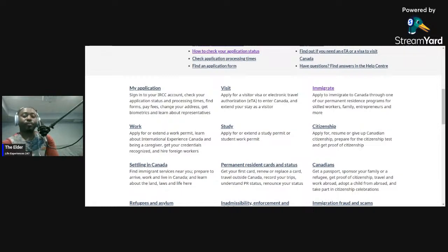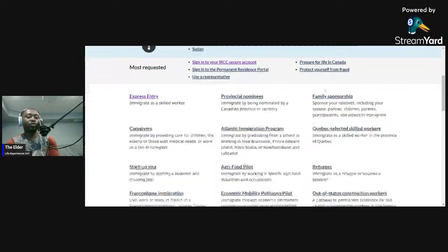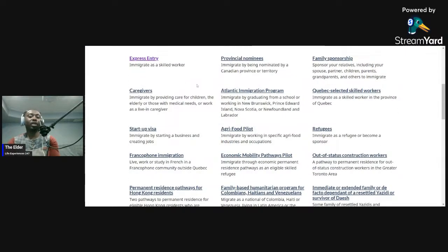If you are trying to apply for school or to visit or to immigrate or for citizenship, you already know where to go because it basically says exactly that. So we want to immigrate, as in immigrate is for people who want to move to Canada and stay here. So you click on immigrate and it gives you the various ways in which you can immigrate to Canada.